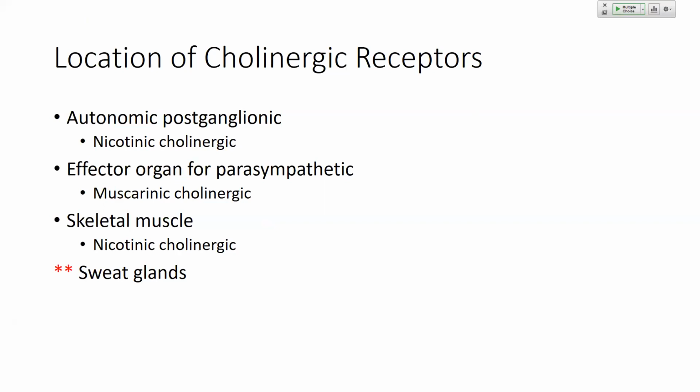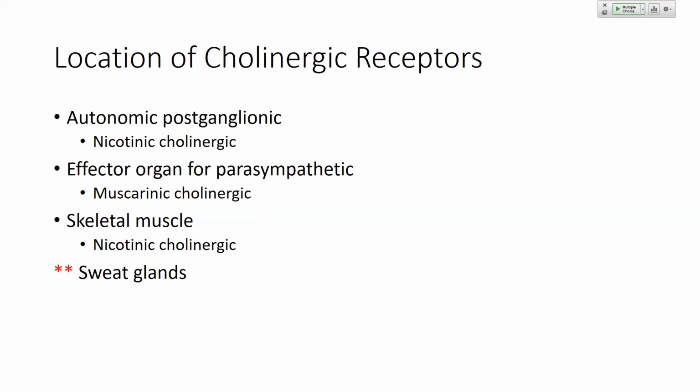I want you to think about that for a little bit. We only see muscarinic cholinergic receptors on the effector organs of the parasympathetic division. Why do we not see these receptors on the sympathetic side?